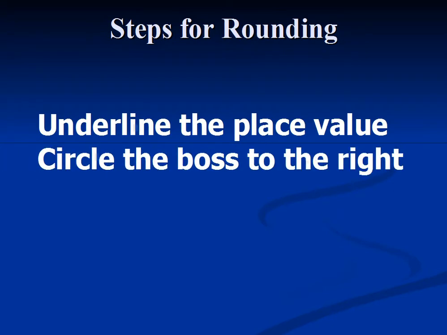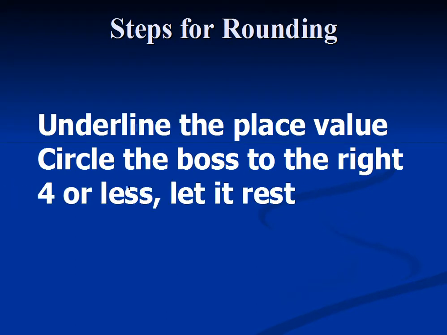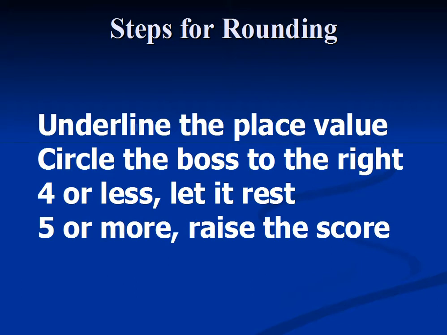Circle the boss to the right, and we'll talk about what the boss actually is and why we call it the boss. So you're going to underline the place value, and the number immediately to the right is the boss. That's the number you're going to circle. If that number is 4 or less, we're going to let the underlined place value rest. If it's 5 or more, then we raise the score.